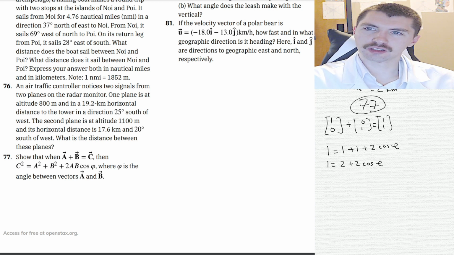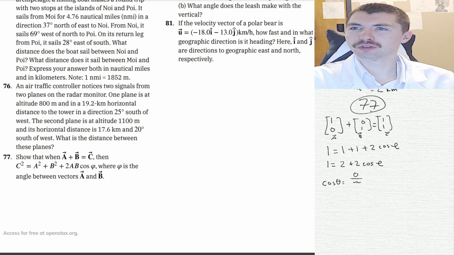So we need to find the angle between this A and B. So what's the angle between A and B? We do cosine theta is A dot B over stuff. So it's going to be 0 plus 0, 0 over stuff.